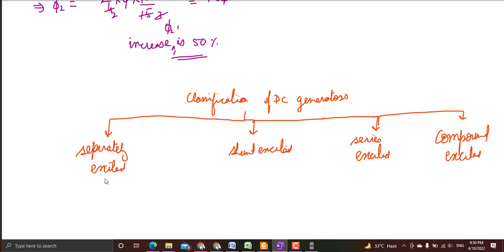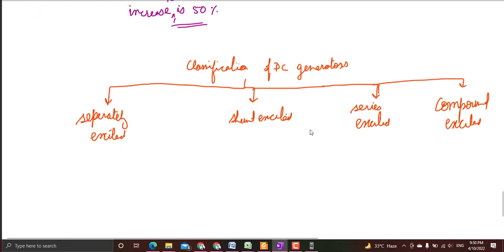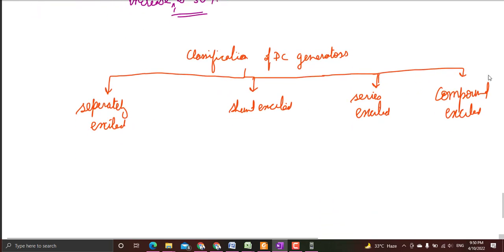The classification is based on the connection of the field windings.